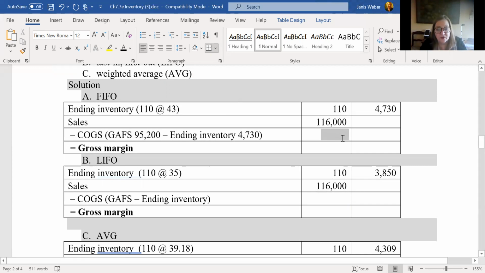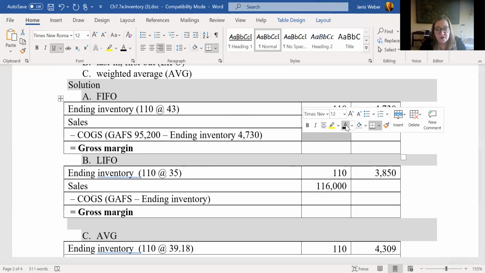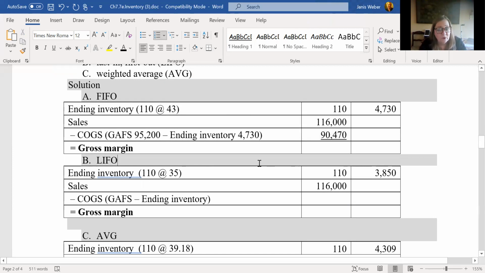So that means our cost of goods sold we can easily come up with, because it's just the total goods that were available minus the ending inventory. Remember, if you want to know goods available, you take beginning plus purchases. So that goods available number is also the combination of the ending inventory and the cost of goods sold. That's because when you have these goods that are available, one of two things happens to them.